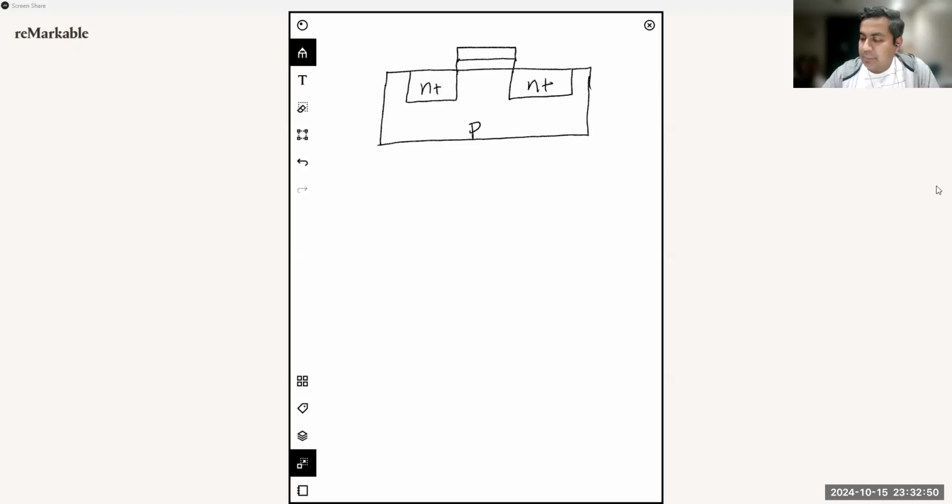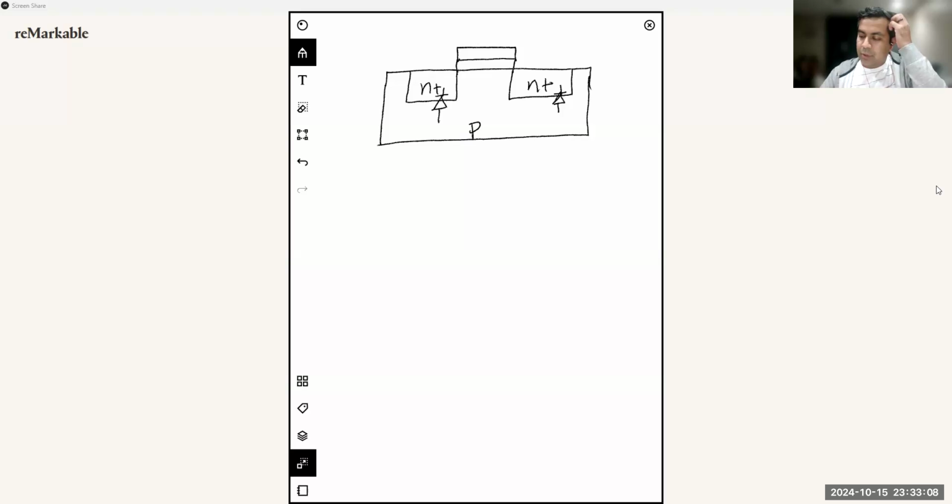So when you have a P-type substrate and N plus regions for source and drain in these two areas, we basically create two PN junction diodes, one over here and another over here.